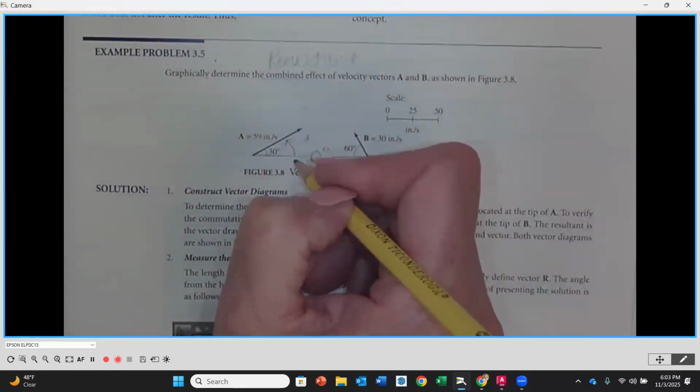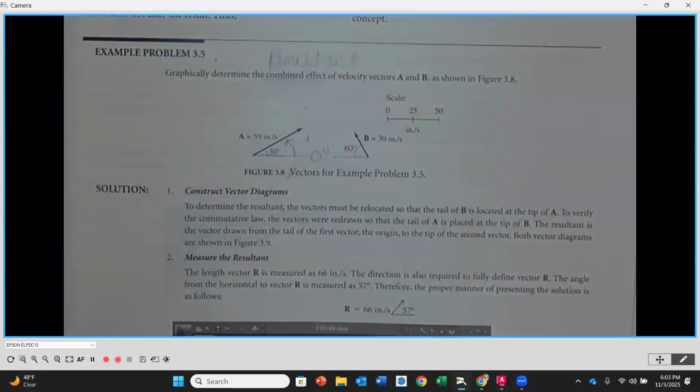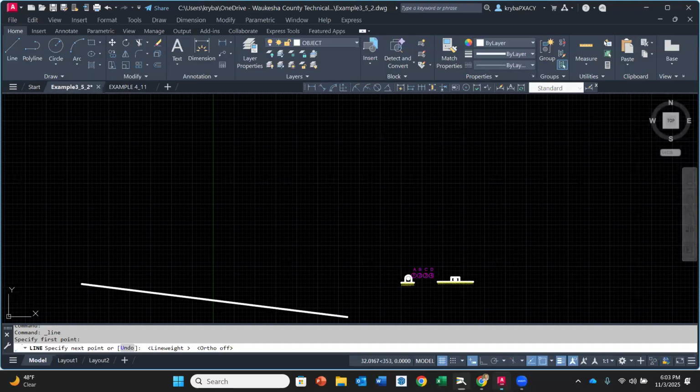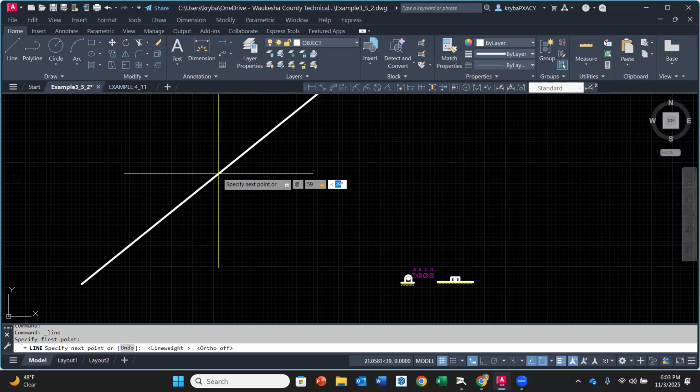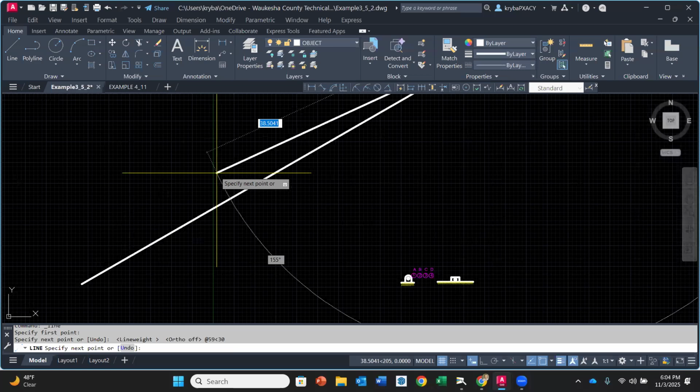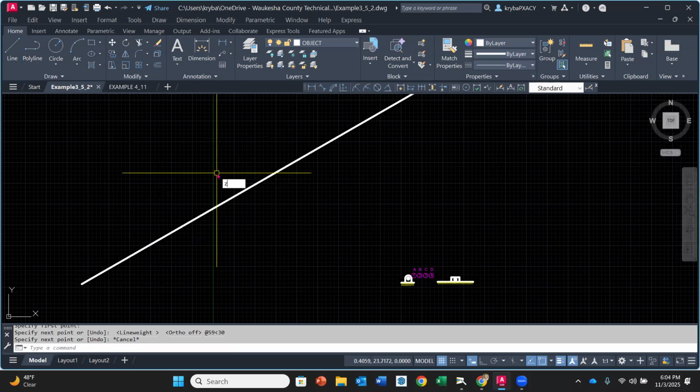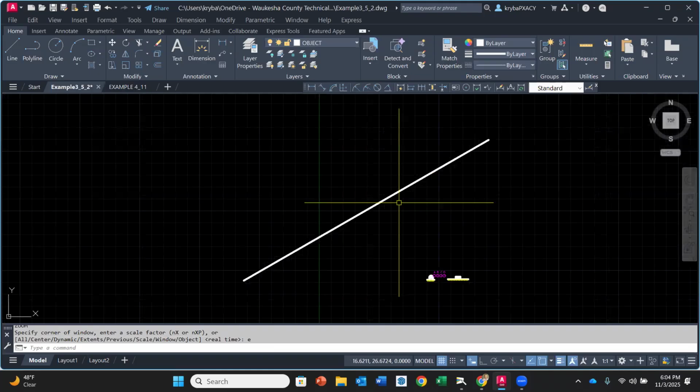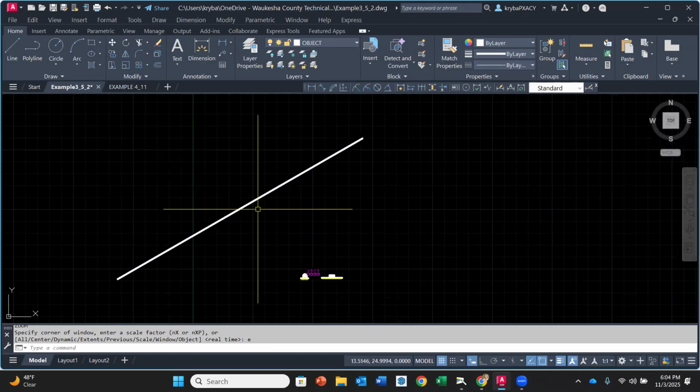So if I was going down clockwise, that's a negative direction. Does that kind of ring a bell from when we did this stuff in AutoCAD? So if I go back over here, the angle that I want to put in is 30 degrees, a positive 30 degrees. Then I'm going to hit escape and I'm going to do a zoom extents, or Z, enter, E, enter. And this is the length of my vector.